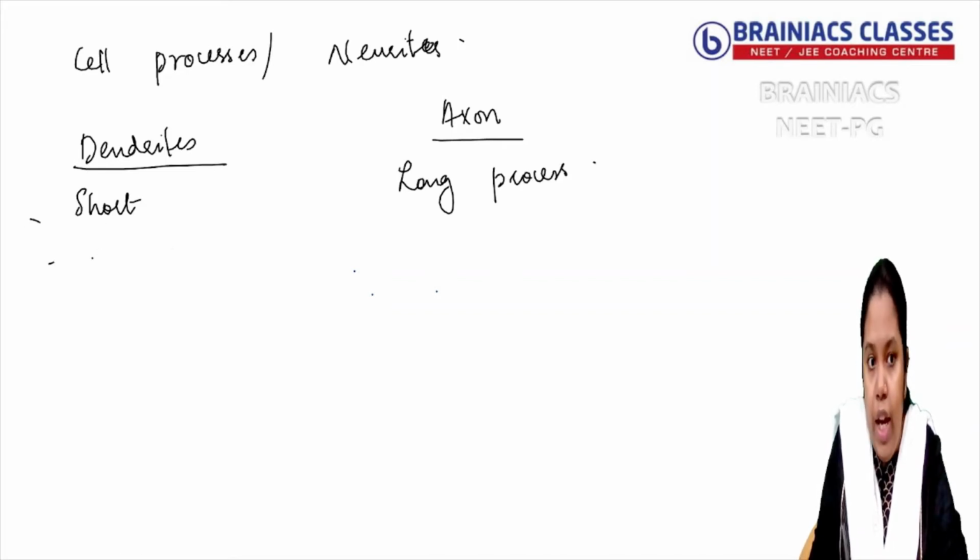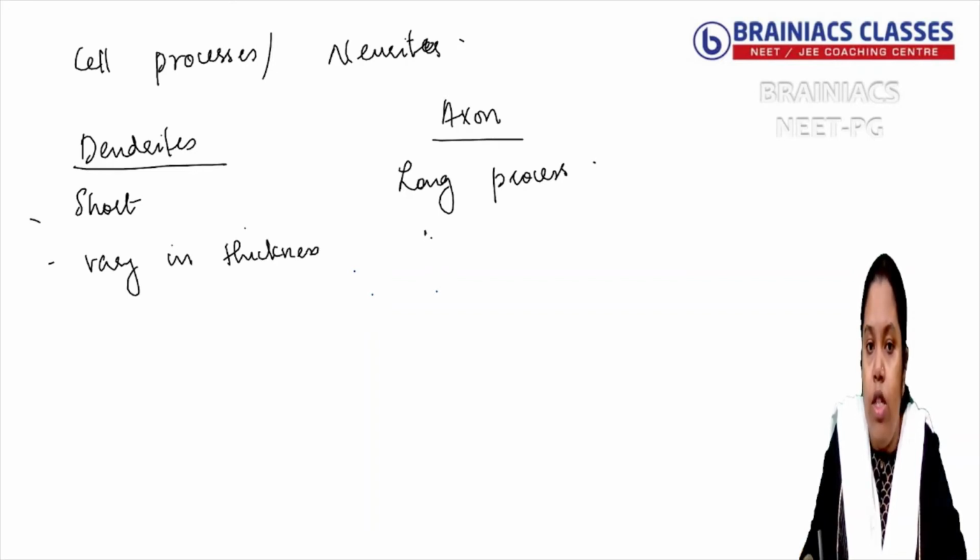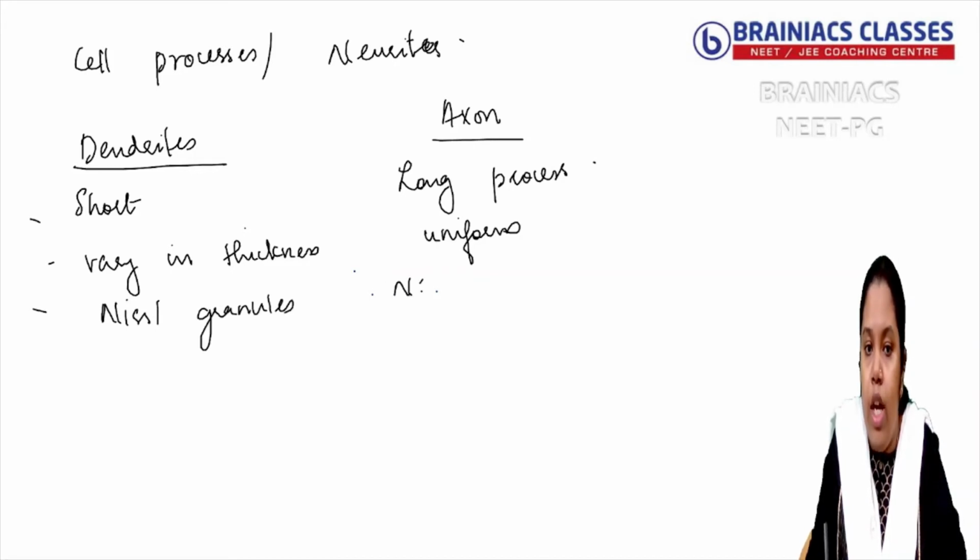Dendrites vary in thickness, whereas the axon is uniform in thickness. Dendrites contain cell granules, whereas in axons the cell granules are absent. There are no cell granules.